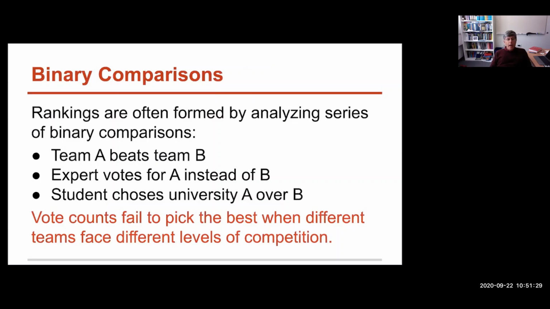If I want to identify which is the best football team, often I will know not only how many wins and losses I had, but I will actually know which team beat which other team. This tells me something. If Stony Brook beat the School for the Blind, that shouldn't count for very much. If Stony Brook beat Texas in football, well, that would be a miracle, and that tells you that Stony Brook would be a really good team.